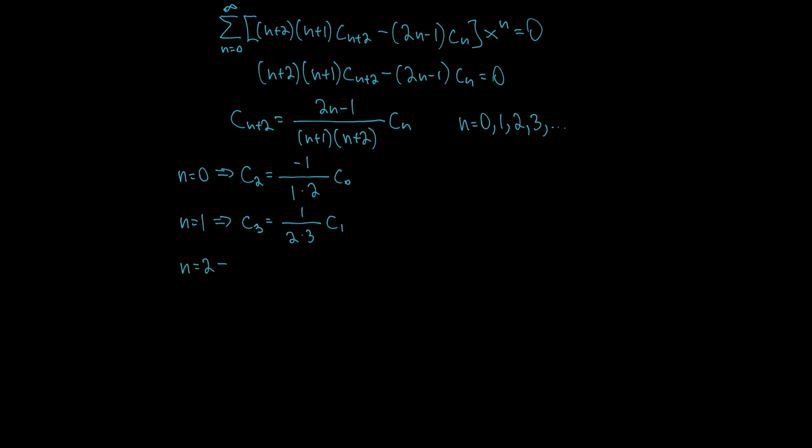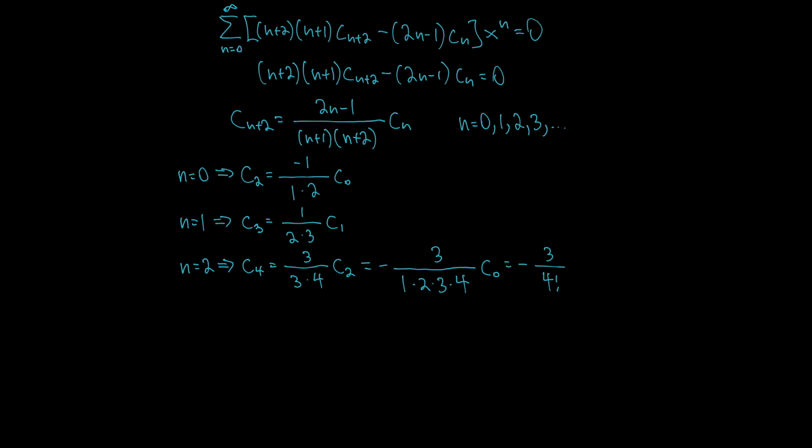N equals 2 implies that C4 is equal to 3 over 3 times 4 times C2. And we solve for C2, so we'll plug that in for C2 and replace it.